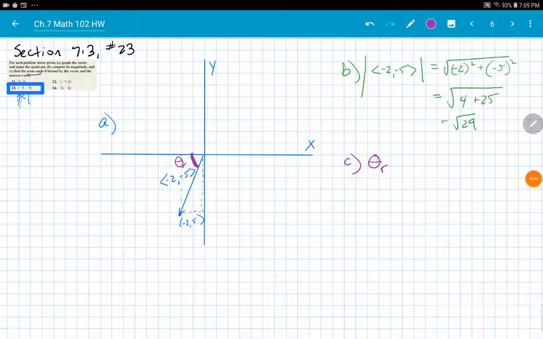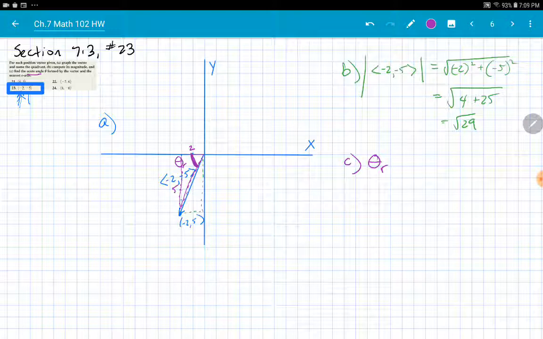I can look at this triangle that's being formed here with the x-axis and treat it like a right triangle. The horizontal component was -2, so that length is 2. The vertical component was -5, so this length over here is 5.